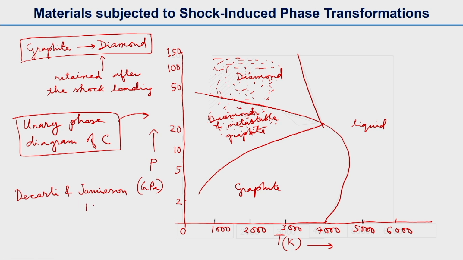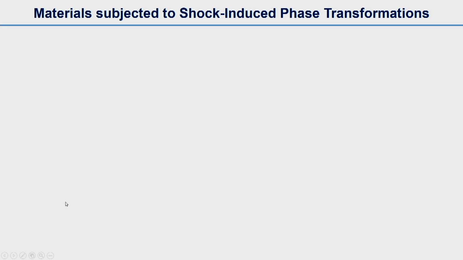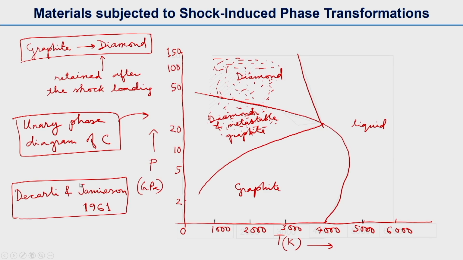They reported in 1961 the shock induced phase transformation of graphite to diamond. Diamond starts forming at a low pressure; at a lower temperature, it can start as early as 2.3 gigapascal.